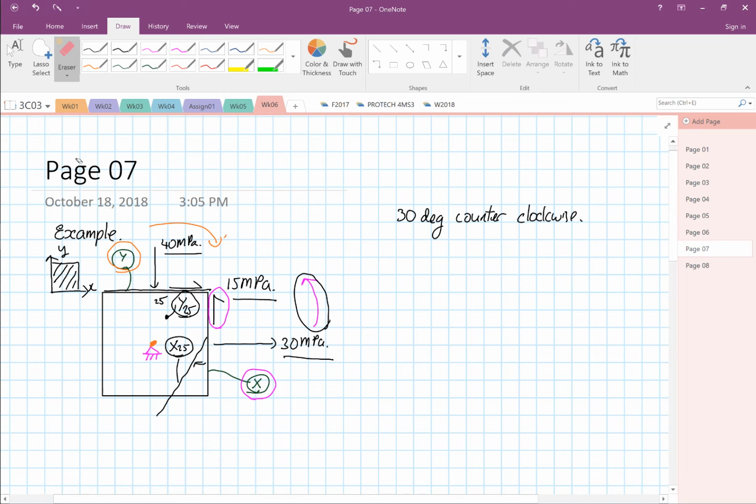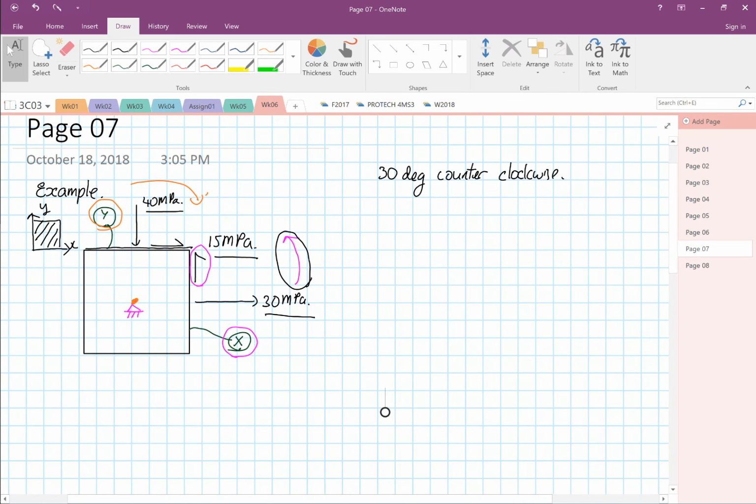I'm going to erase this. Now we are going to rotate counterclockwise by 30 degrees, an anti-clockwise rotation. You can rotate anti-clockwise about here by 30 degrees, or you can also rotate this way, anti-clockwise by 30 degrees also.